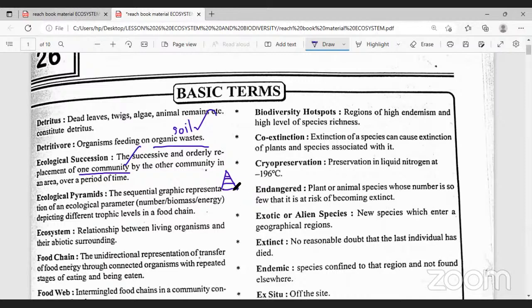Okay, so here take an example. This is considered as grass. I will show you, so that it will be better for your understanding. See this. This is considered a pyramid-like structure, a pyramid shape.